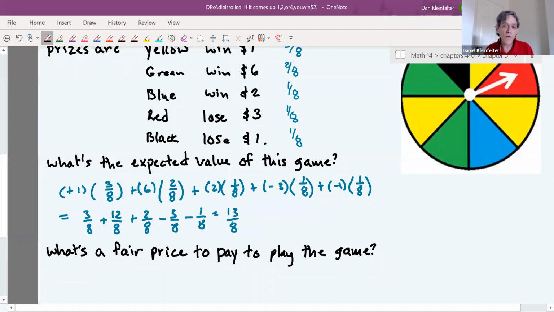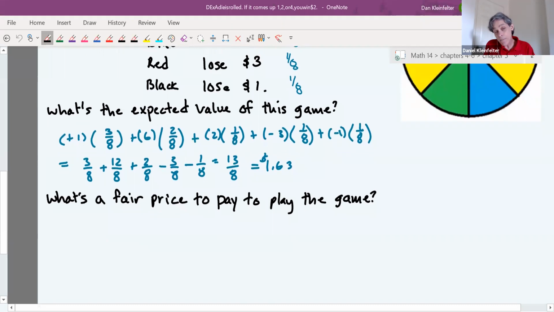All right, so 13/8, that's 1 5/8 or 1.625. $1.63 basically. All right, so the expected value on this one, the mean, is going to be $1.63. So again, if you play this for a really long time, you'll be ahead, on average, $1.63 for every turn, on average over the long term.